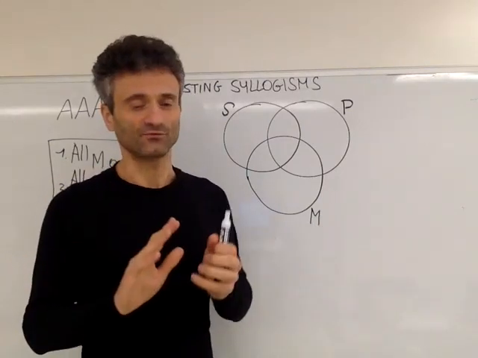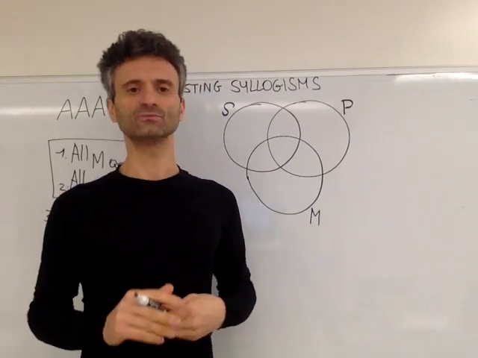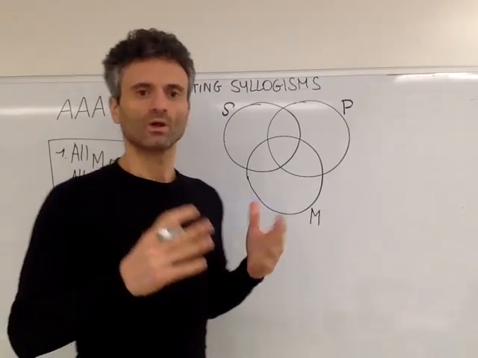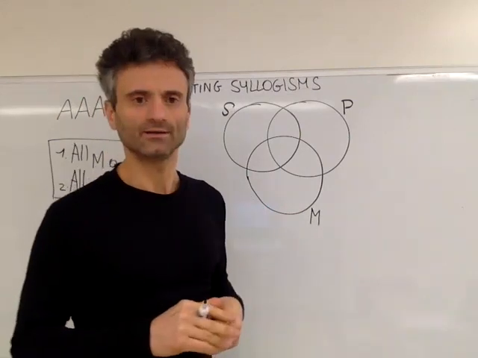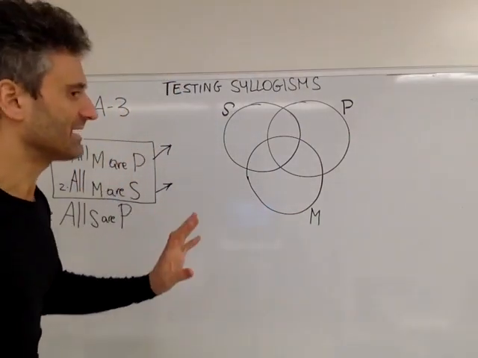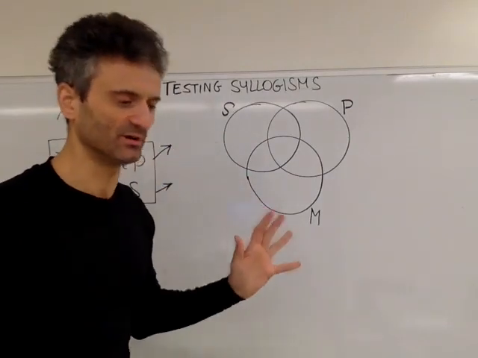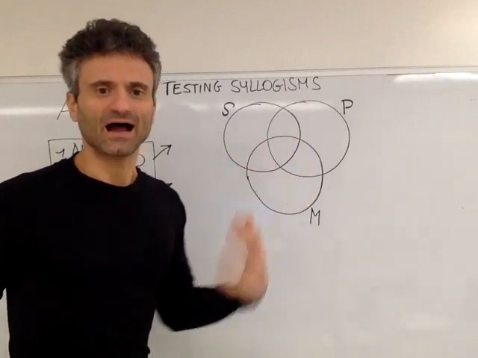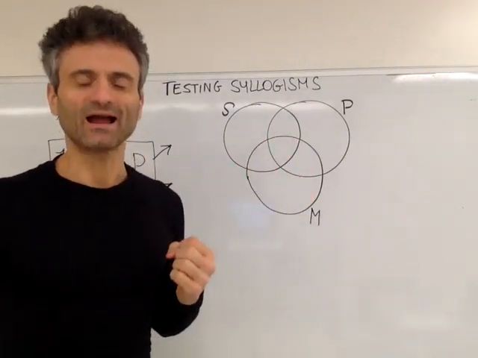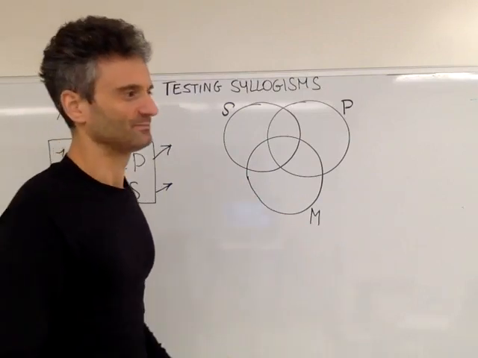On the other hand, if you don't see the conclusion, then the syllogism is invalid. Let me demonstrate how, and then you will understand what I mean. But remember, once again, I cannot overemphasize this because students all the time do it. They diagram the conclusion. You don't diagram the conclusion. The conclusion, don't touch it, leave it alone.